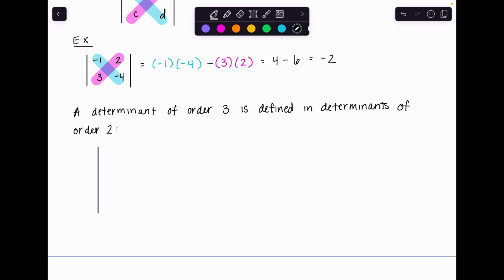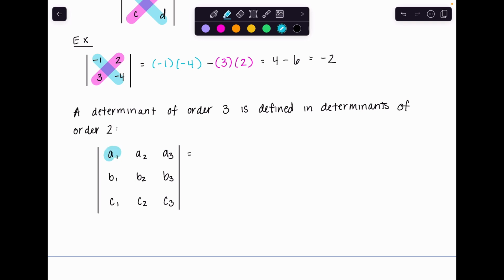It's a lot of entries. So I'm going to say the first row has the elements A1, A2, A3. The second is B1, B2, B3, and then C1, C2, C3. So we're doing a process that's called expanding along the first row.